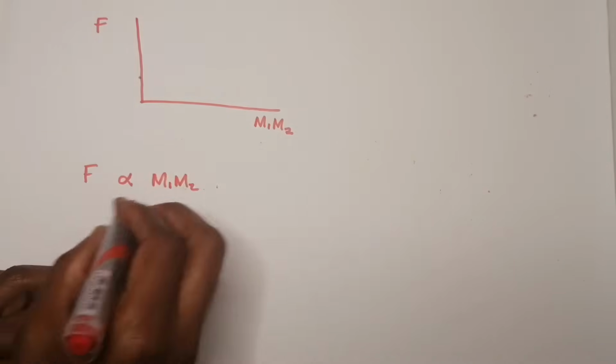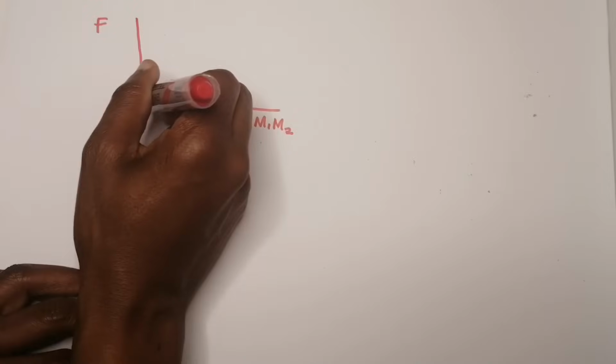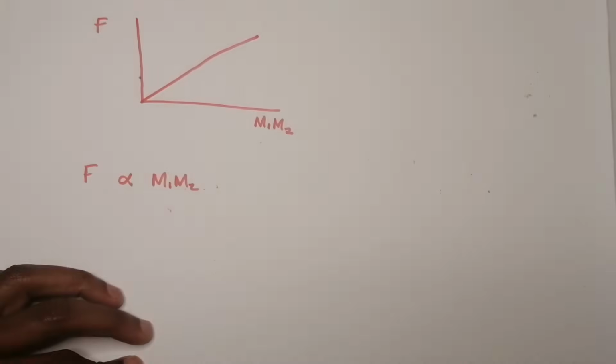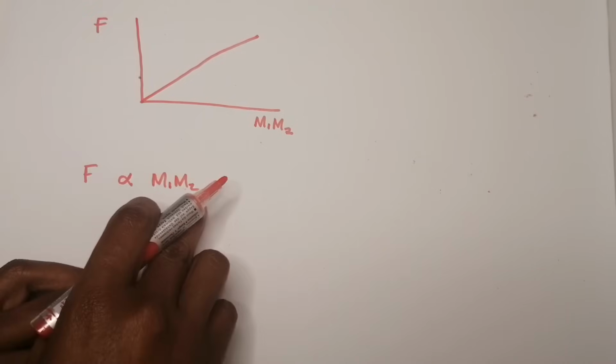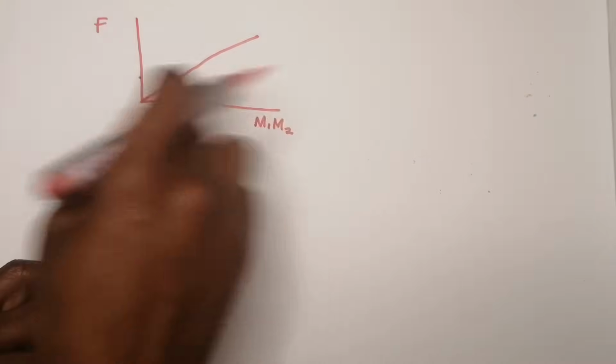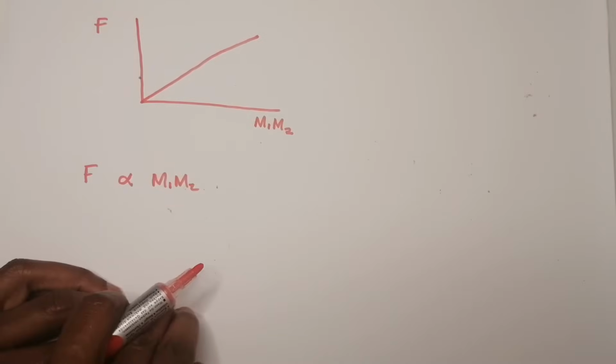So I'm expecting that it should be a straight line graph. Remember, anytime that you draw two things that are proportional to each other against each other, I should always obtain a straight line graph.